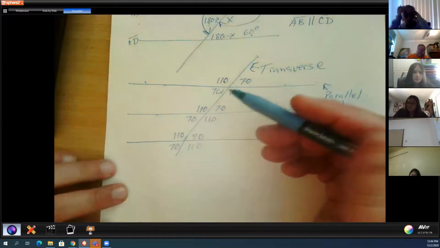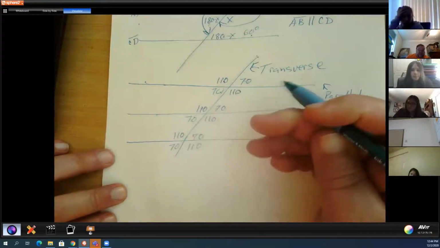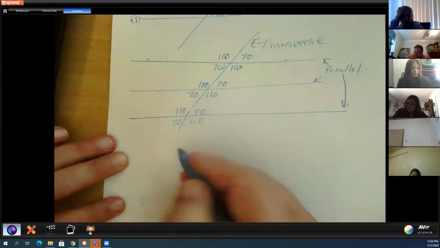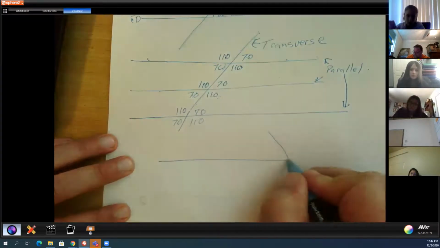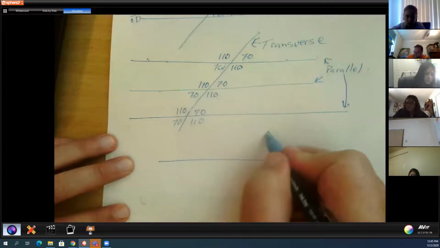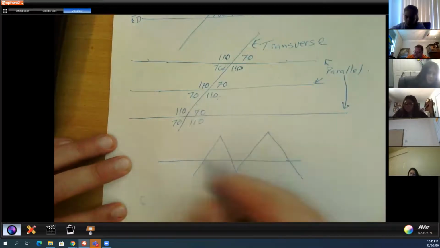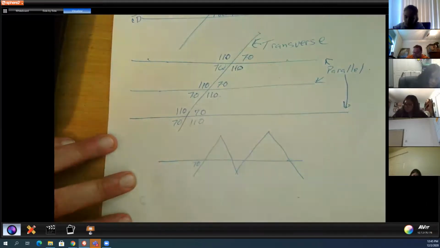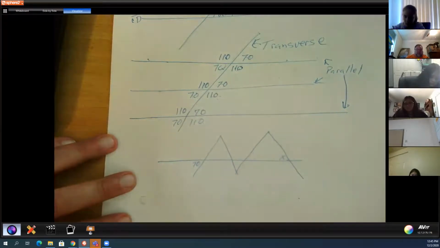So I'm going to find that worksheet that I want to give to you guys, because it includes all of this stuff. And so you get problems that look like this, and it'll give you, this is like 70, and it'll give you some other number somewhere, and then it'll ask, tell me what the measurement of that angle is way over there.